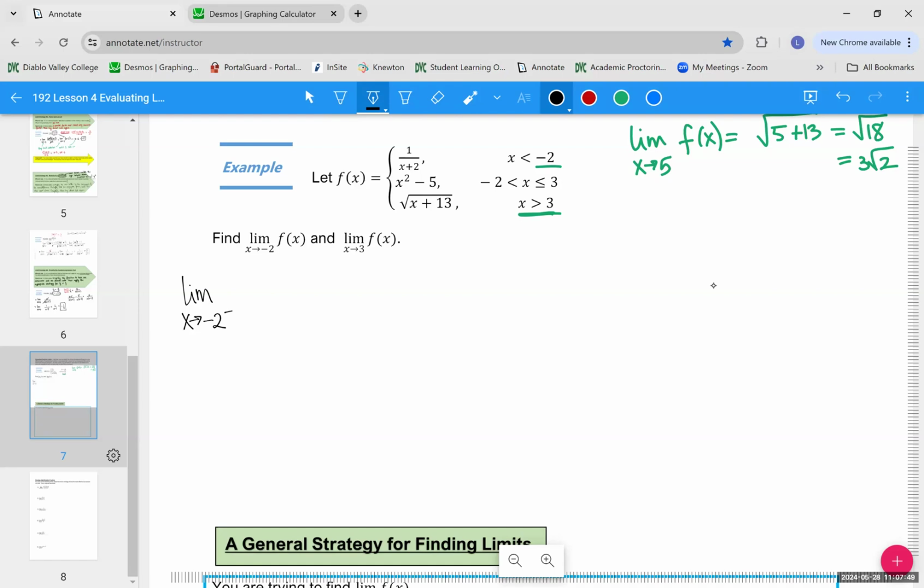And again, it's going to make a big difference how you write it. If I'm going from the left would be when x is less than -2. So it would be this equation. And if I am approaching -2 from the right, that would be when x is bigger than -2.